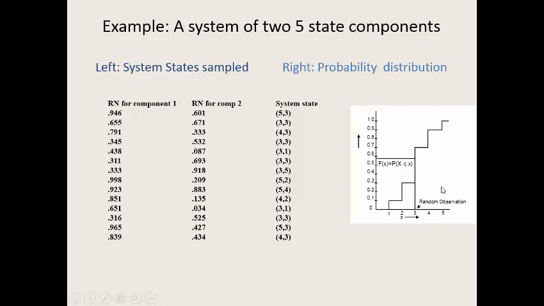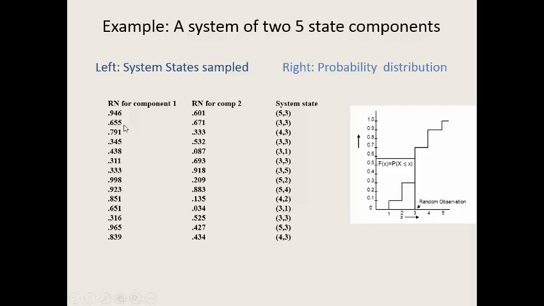So this is component state 5, and 0.601 lies over here. So that's state 3. So that means that component 1 has state 5 and component 2 has state 3. So this way we are able to sample a system state by sampling the component states.